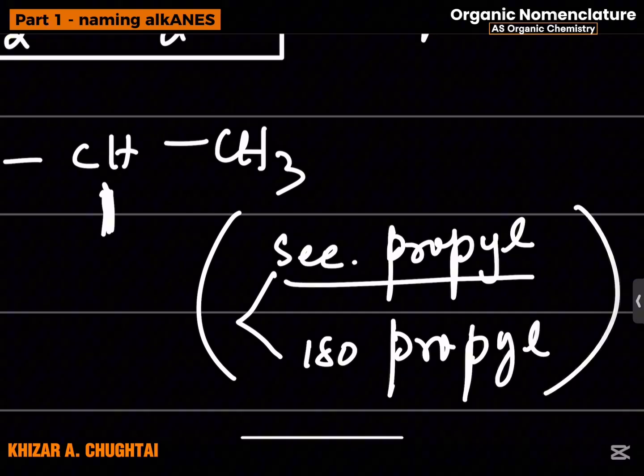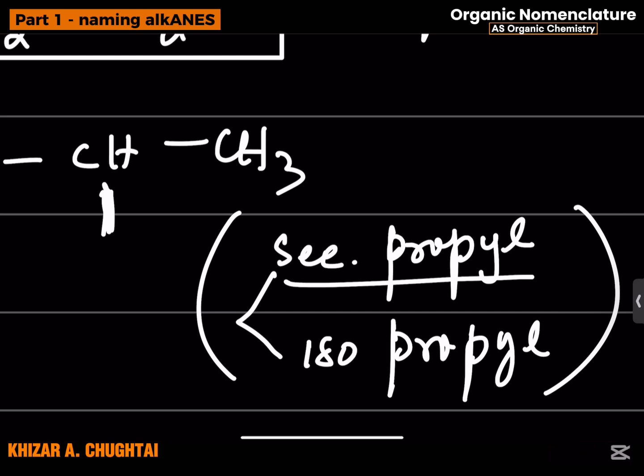And why is it called isopropyl? This is the isomer of propane or propyl. Iso means isomer. Yes, isobutyl, isopropyl.